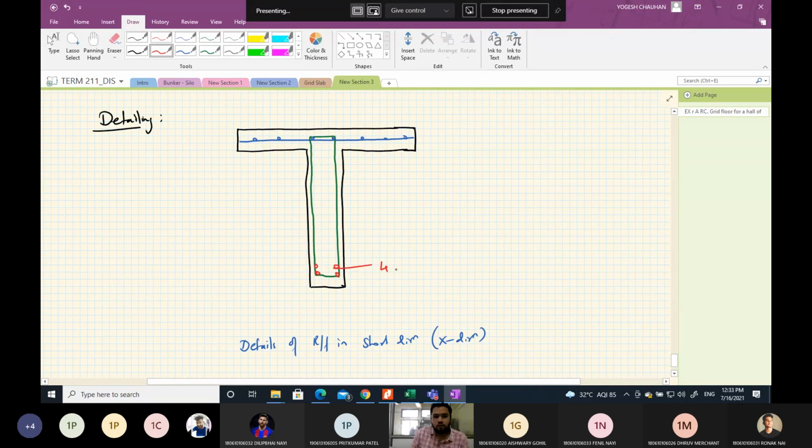So these are 4 numbers of 16 mm. In slab, we are providing both the steels as same only. So this is 6 mm at the 280 center to center.